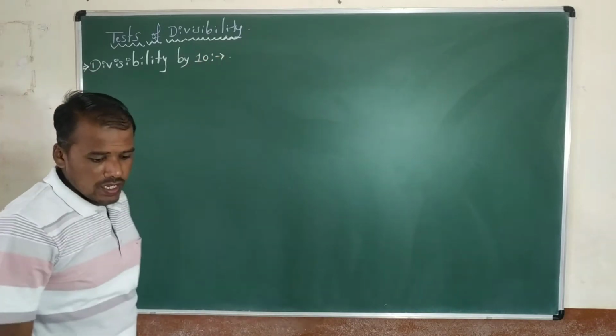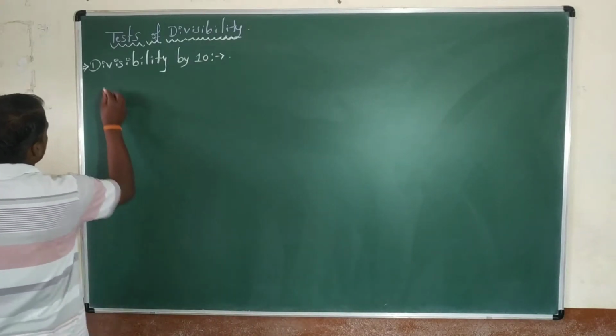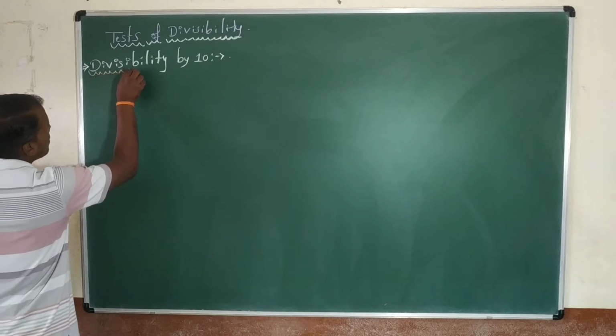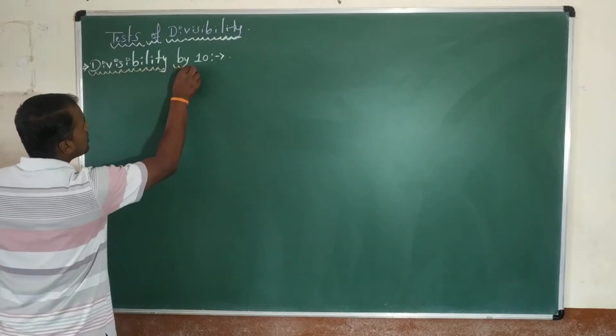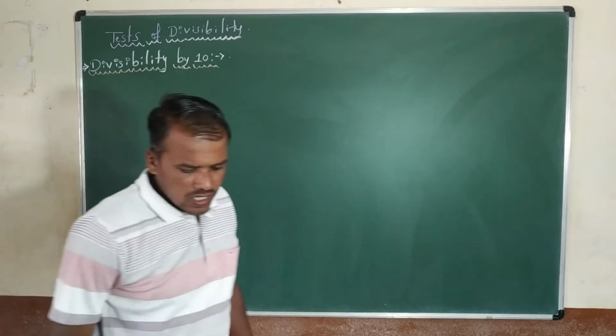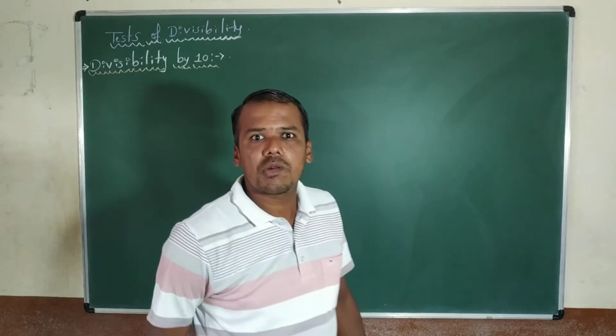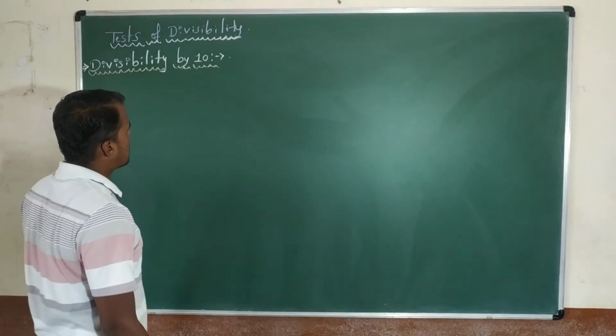We are checking here whether the given number is divisible by 10 or not. How to say the given number is divisible by 10? Here, one simple concept is there. From a simple concept, we will say the given number is divisible by 10 or not. What is that simple concept?